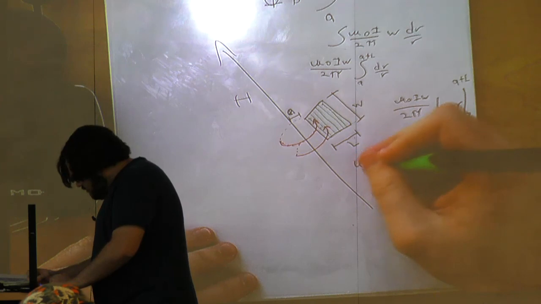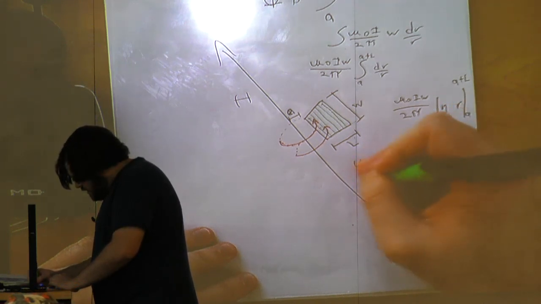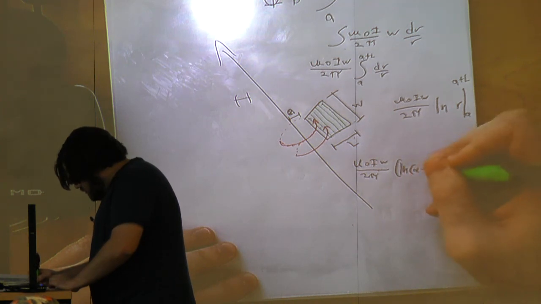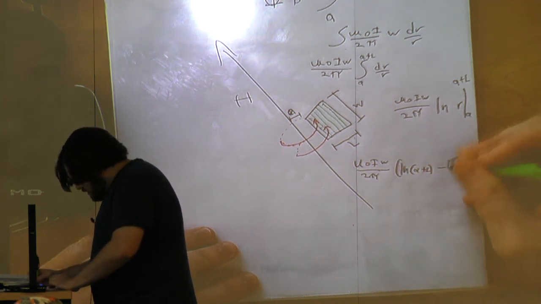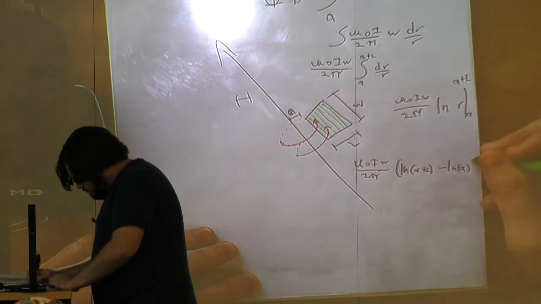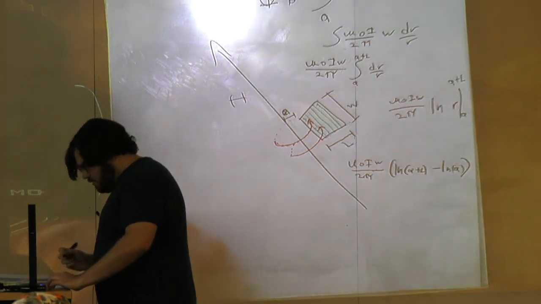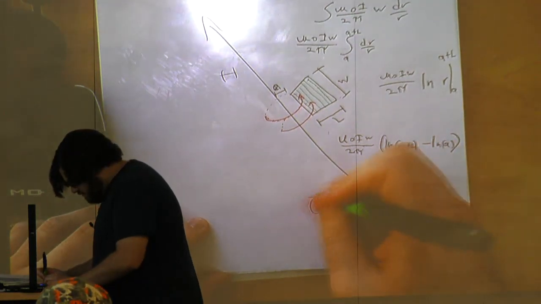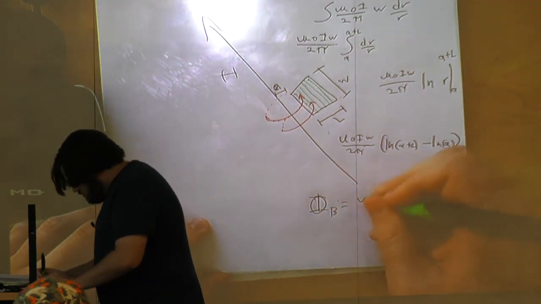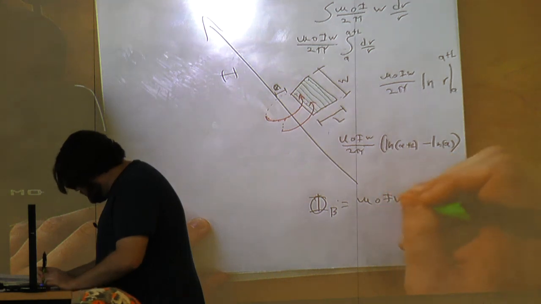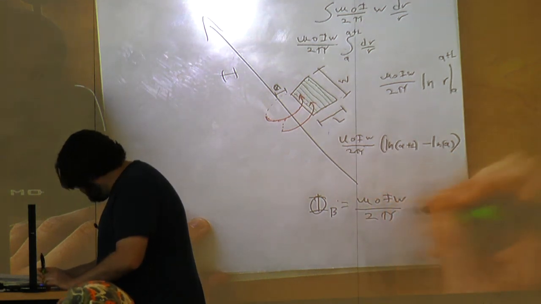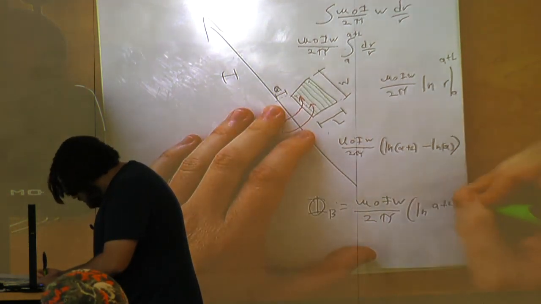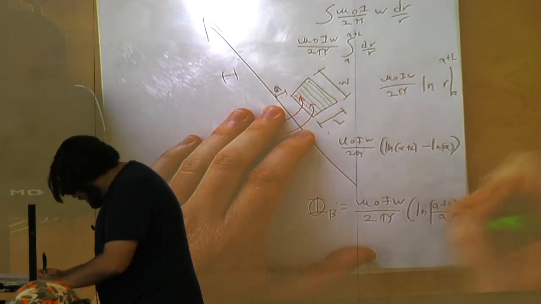We're going to get mu naught I W over 2 pi times ln of A plus L minus ln of A. And we are going to get the final answer, flux equals mu naught I W over 2 pi ln of (A plus L) over A.